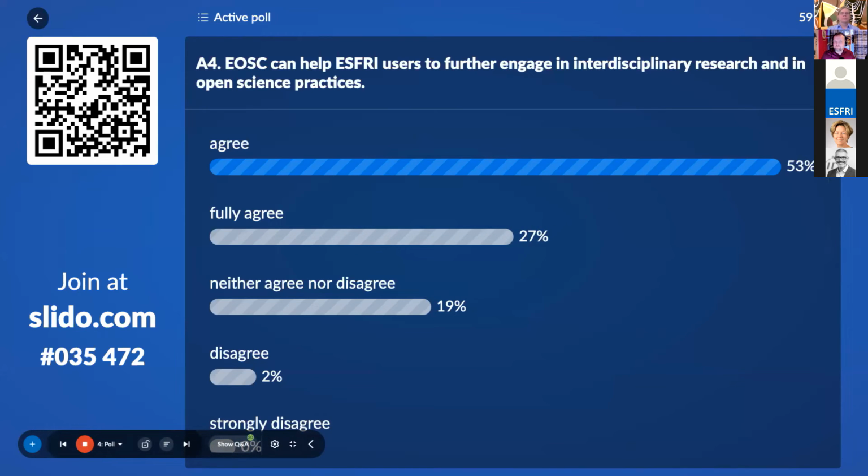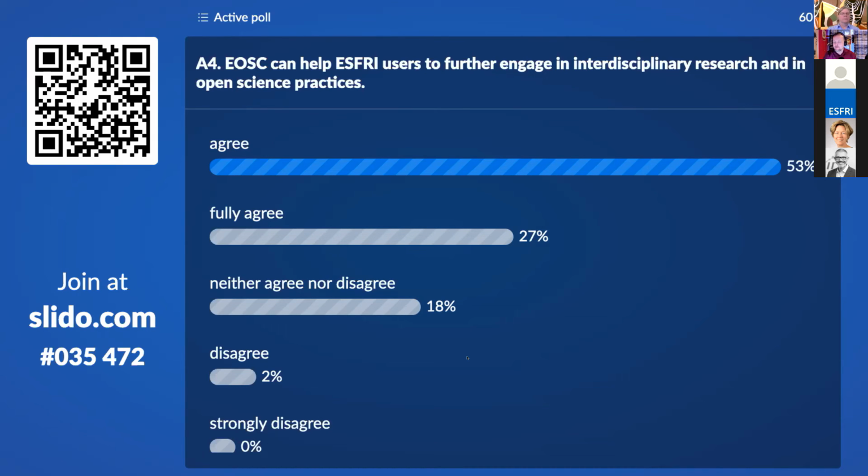Ari, would you like to comment maybe on these results? How does it seem to you? I think especially the ESFRI users probably are the ones who can really benefit from this, especially when the ESFRI infrastructures directly facilitate this interdisciplinary work.